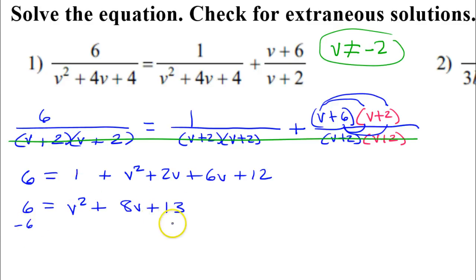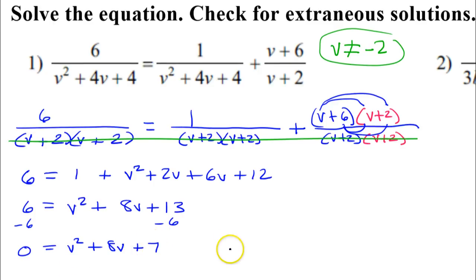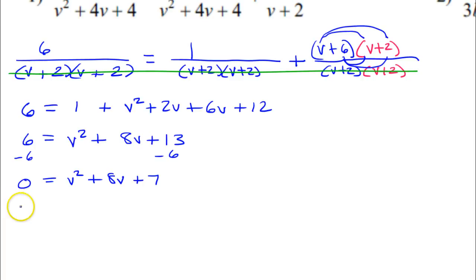Now I'm going to subtract that 6 from both sides, get 0 over here. So that's v squared plus 8v plus 7. Probably this is factorable, so let's go for it.